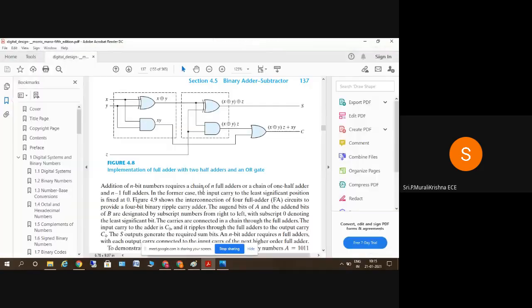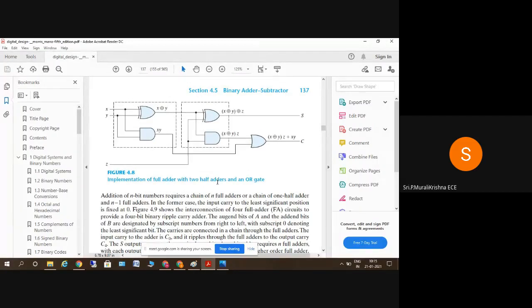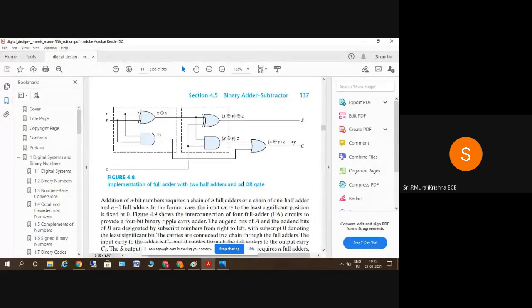Now take this diagram: implementation of full adder using two half adders. This will be one more question here. So take this diagram.